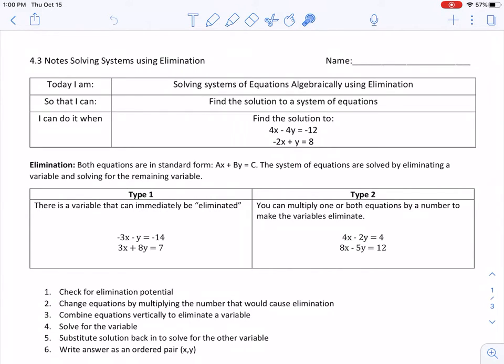With substitution, if we have one equation in standard form and one equation in slope-intercept form, we can substitute and take that piece and plug it in and solve. Elimination, when both equations are in standard form, so that's like ax plus by equals c, so just like our example up here, when both of them are in standard form, we typically use elimination to solve for then the remaining variable.